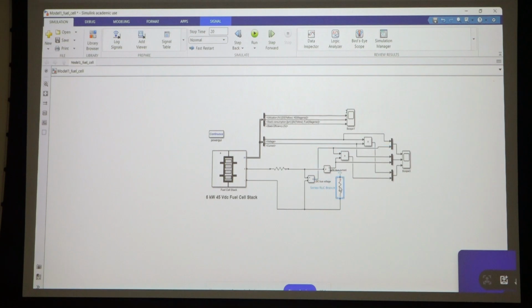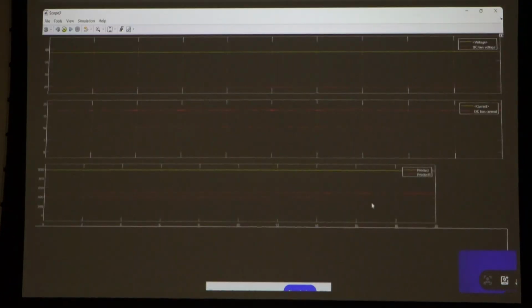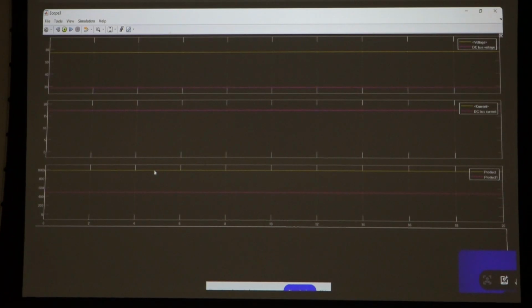So one is for power consumed by this electrolyzer, this DC load, and another one is supplied by the fuel cell. If we see the third channel, here we can see this is the total power supplied by the fuel cell, and this is the power consumed by the load, only the second load.